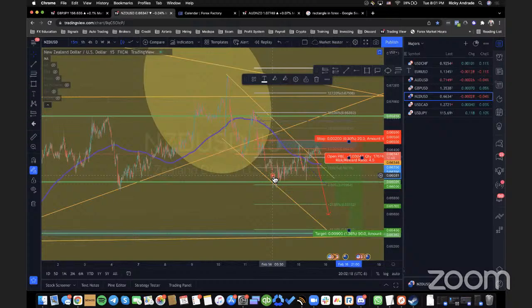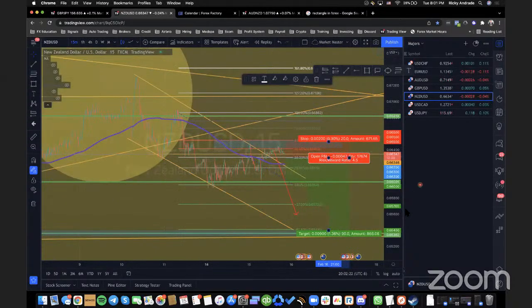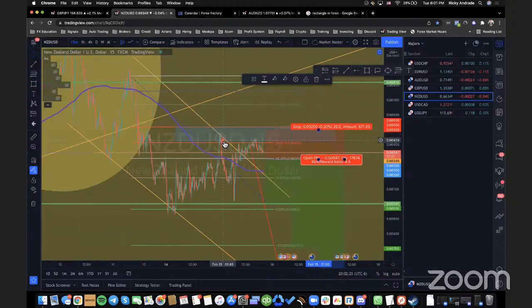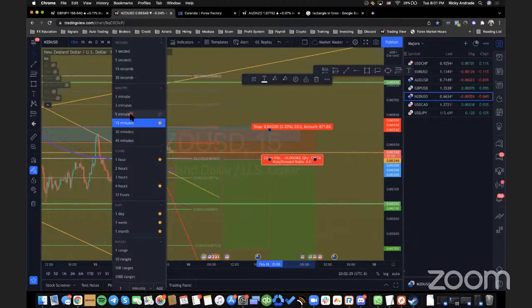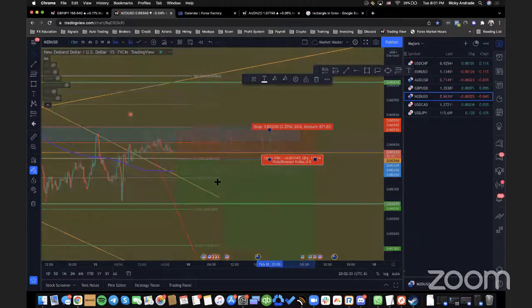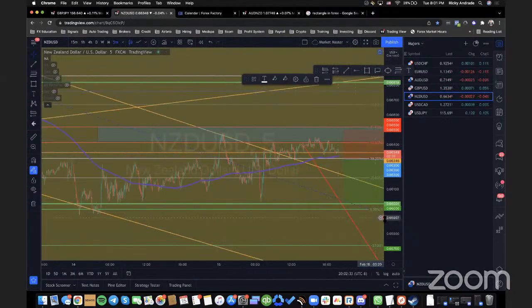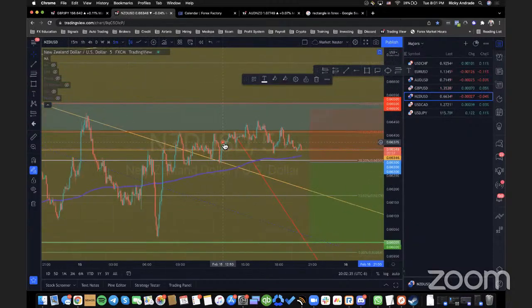But yeah, this one looks like a pretty good trade to get in on. I would have wanted something a little bit clearer. We could go down to the 5 minute, 1 minute for super close entry points.